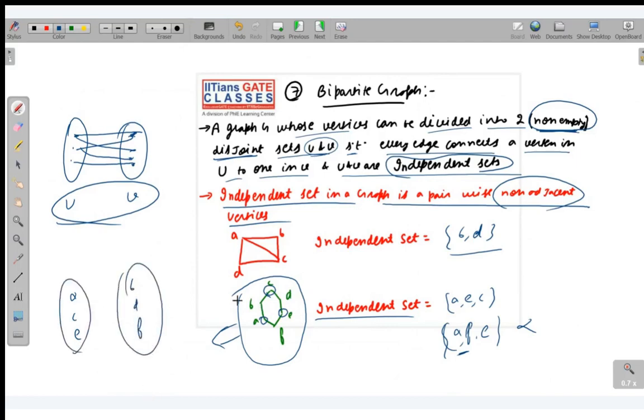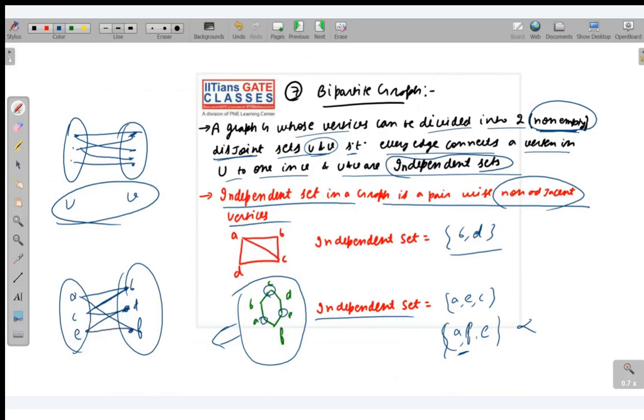Now the edges: A to F, E to D, A to B, C to B, C to D, E to D and E to F.